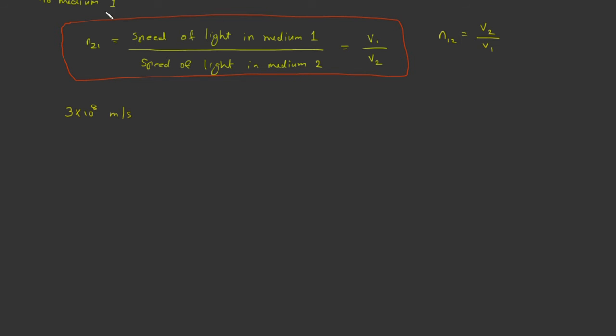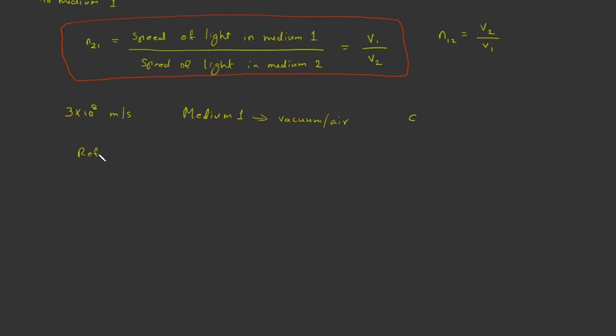Let us consider a special case here, that is medium 1 is vacuum or air. Then we can take the speed of light, that is v1, as c, the speed of light in vacuum.